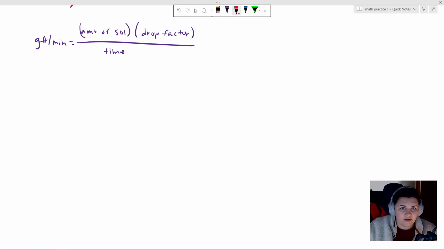So the amount of solution is going to be in mLs. The drop factor, like we've seen before, is drops per milliliter. And the time is always in minutes.